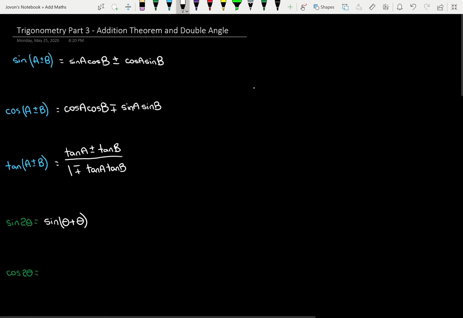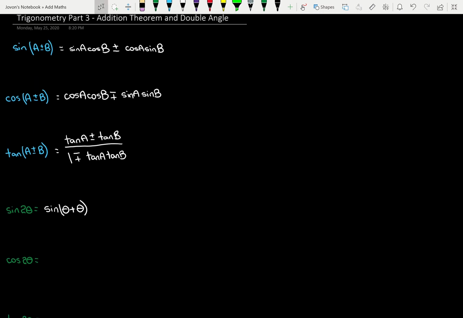So sine theta cosine theta plus cosine theta sine theta is equivalent to 2 sine theta cosine theta. Okay, so sine 2 theta is equal to 2 sine theta cosine theta.